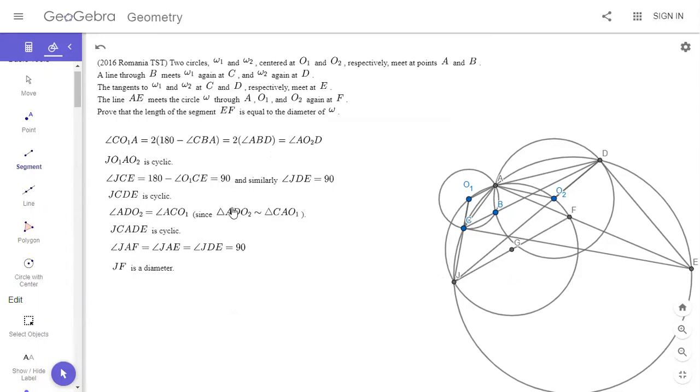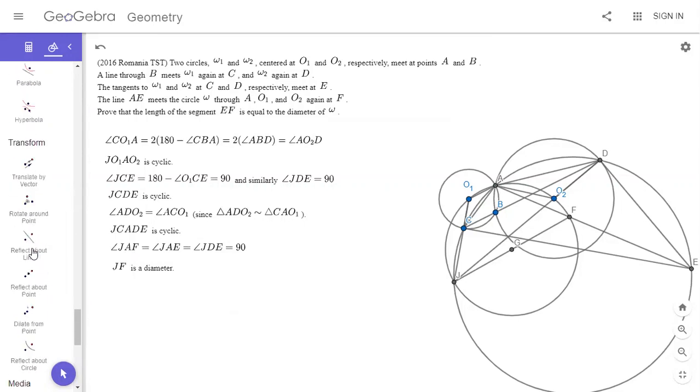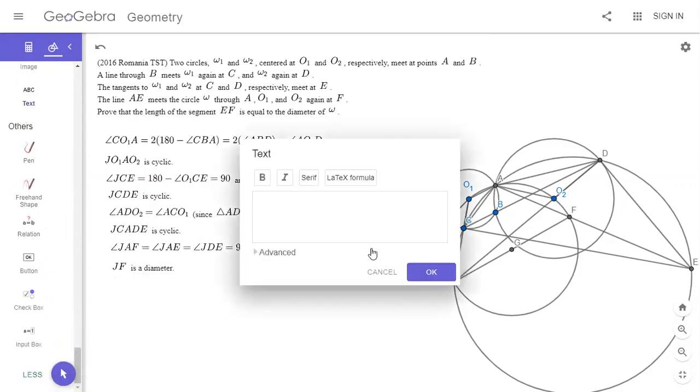And I'm trying to remember, how did we finish? Oh yeah, we can finish with an angle chase. So angle JFA is equal to, at least I thought we could. Let me just think about this quick.